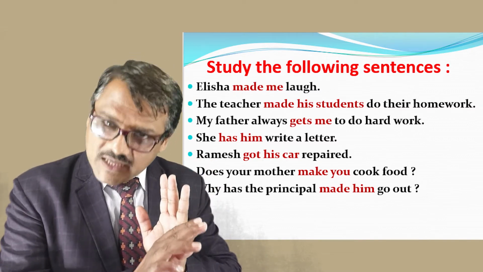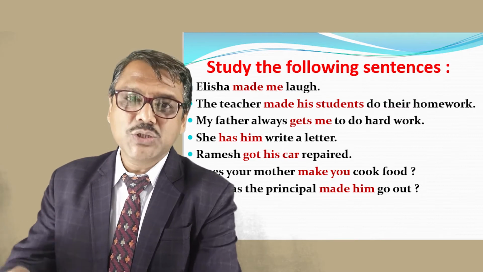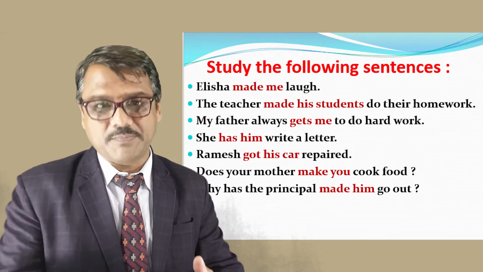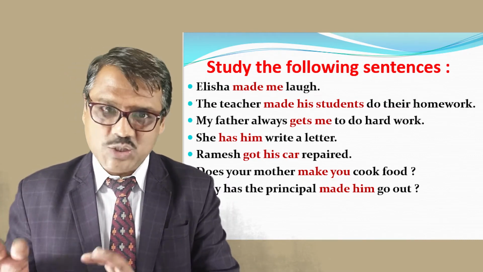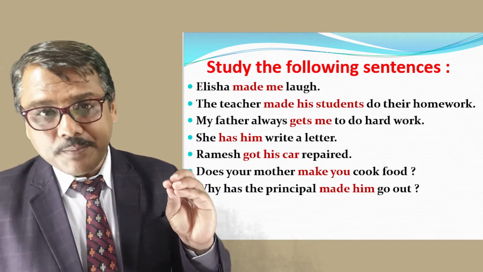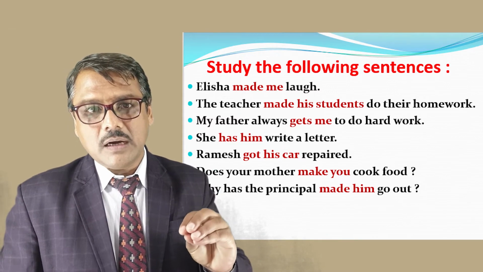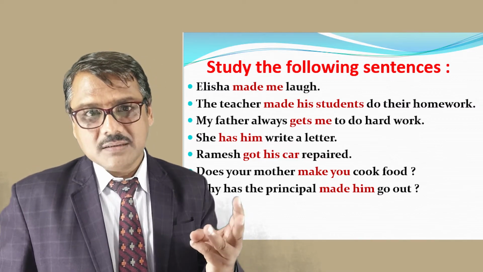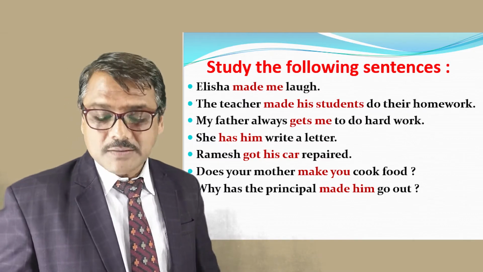Somebody or something causes somebody to do something or to happen something. Somebody is the cause of the action, done by somebody else. So our main issue of today's class is the use of make, get, and have mainly. Okay, let's move forward.